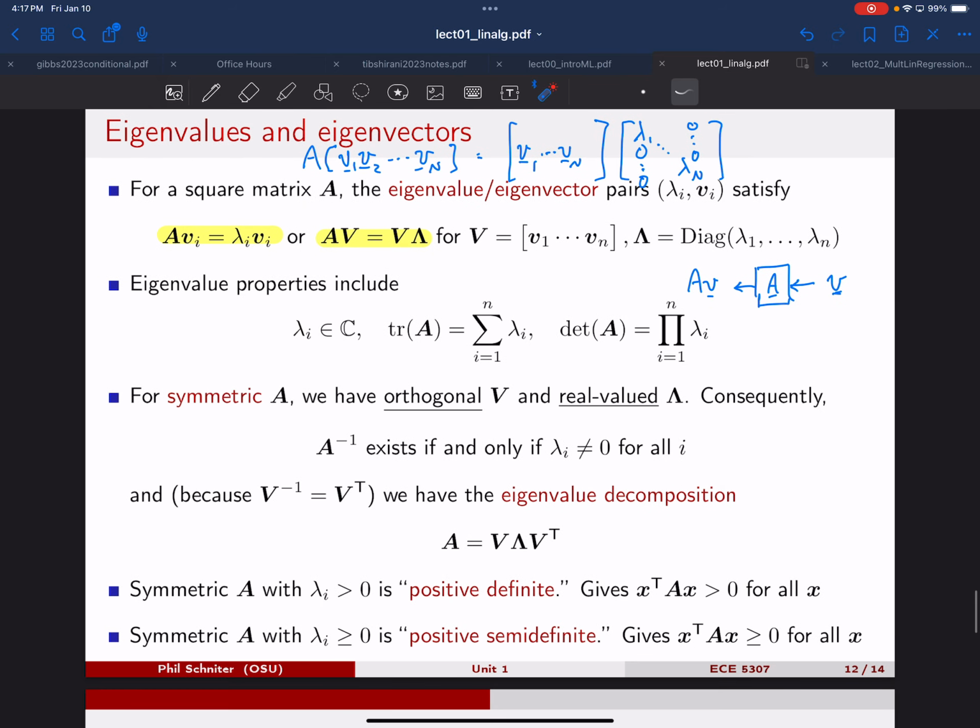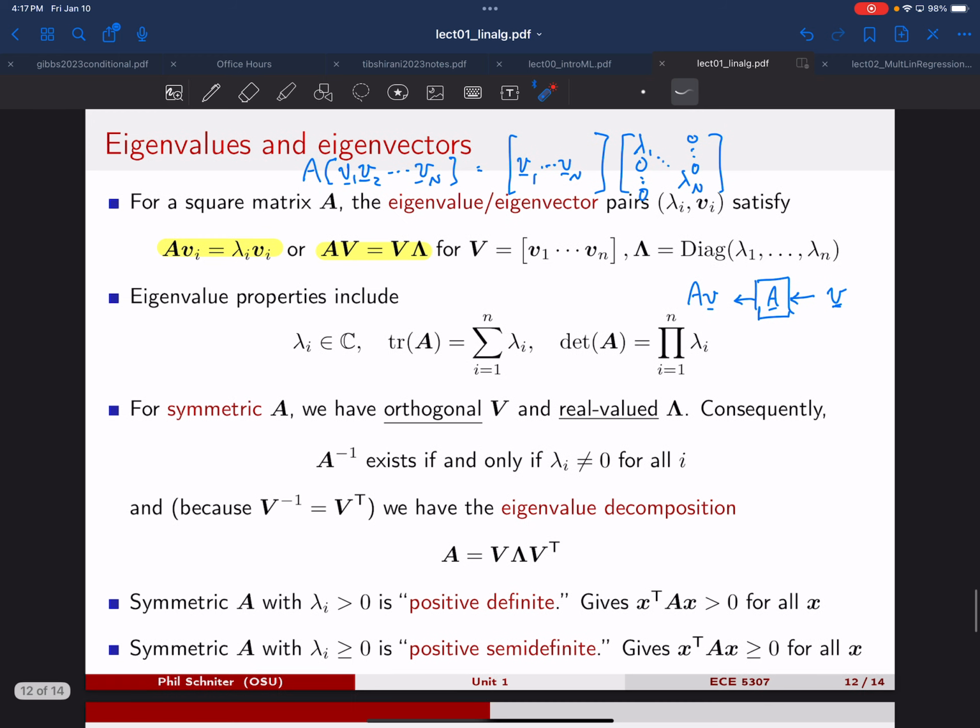Okay. All right, so all these nice things happen when A is a symmetric matrix. And one of the consequences of that is if you come back to this equation and you say, how do I write A in terms of eigenvectors and eigenvalues in the general case, we could multiply both sides of this equation on the right by V inverse, assuming it exists.